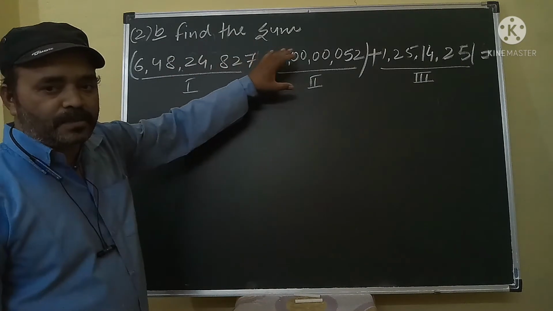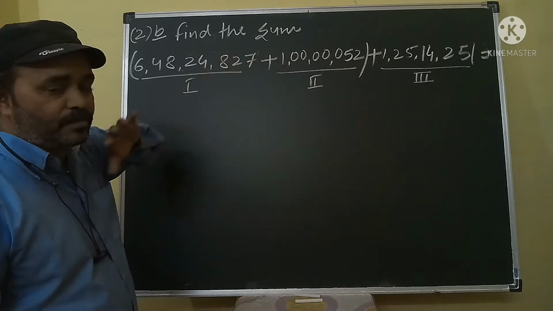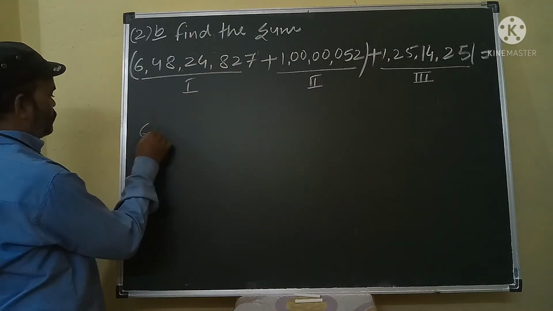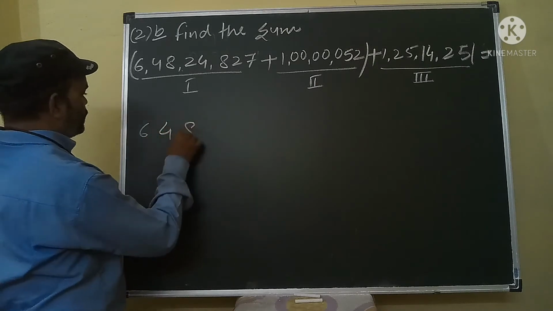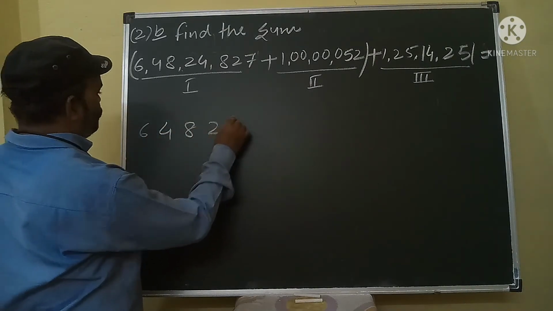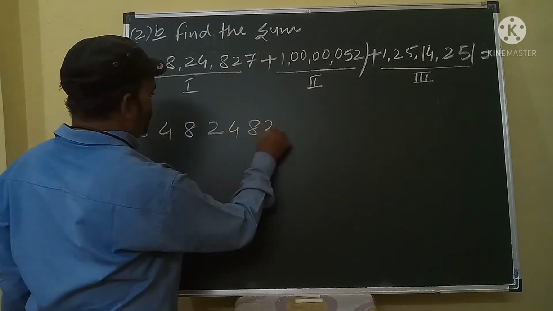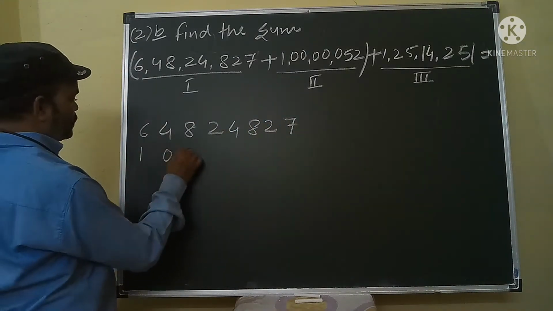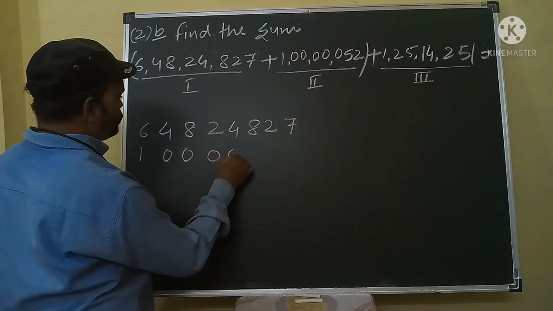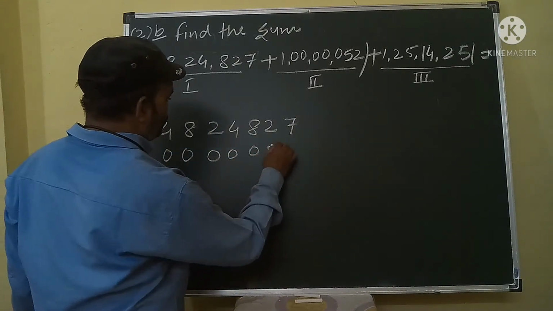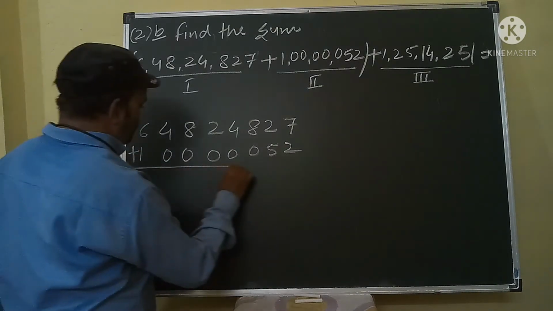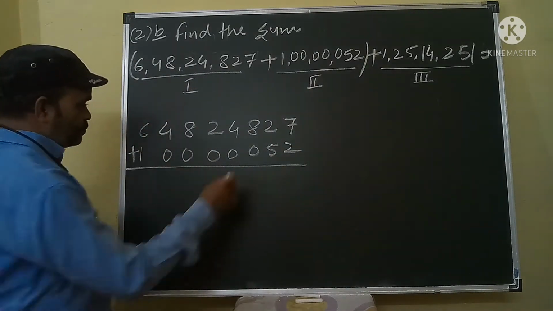First we find out the sum of these two numbers. Look here, this is 6 crores 48 lakh 24,827. This is 1 crores 52. Okay, now we will add. What is the sum?